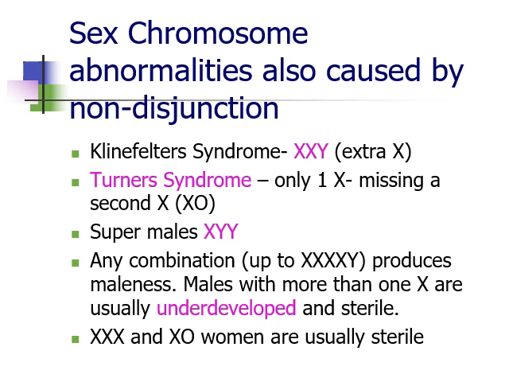Any combination up to having 4 X chromosomes and a Y will produce maleness. So as long as there's a Y chromosome, that person is genetically considered a male. Males with more than one X chromosome are usually going to be underdeveloped and sterile. That means they might not be able to reproduce. Their sex cells are not going to be functional.